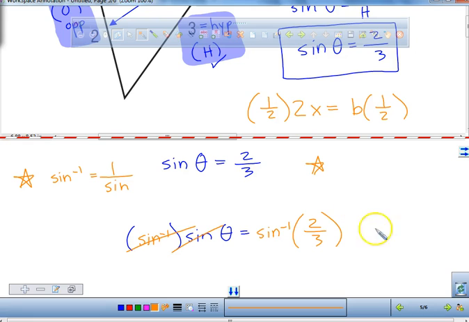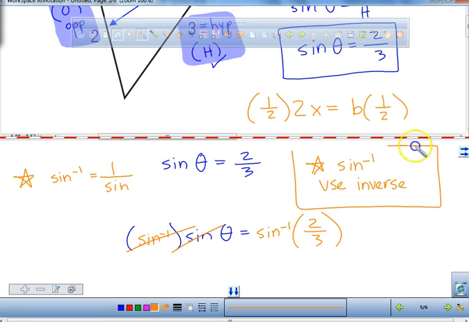So if you ever want to find the measure of the angle, you have to use the inverse of either sine, cosine, or tangent. Now this will only work if and only if you are also in degree mode. So we're going to go over both of those.